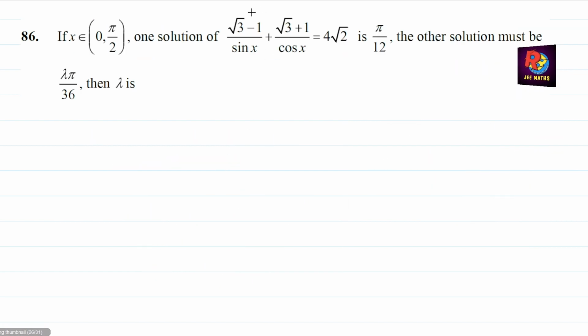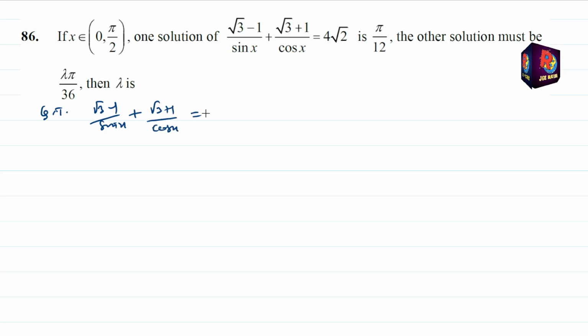Next one. Here we can observe that given that value: (root 3 minus 1) by sin x plus (root 3 plus 1) by cos x equals 4 root 2.